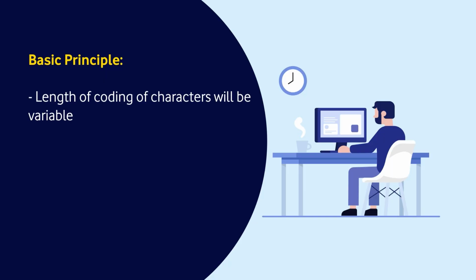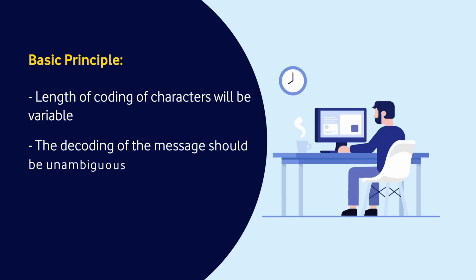The length of the coding of characters in this case is going to be variable, because low frequency characters will be represented by longer bits, and higher frequency characters by a smaller number of bits. This variable length is another hallmark of Huffman coding.